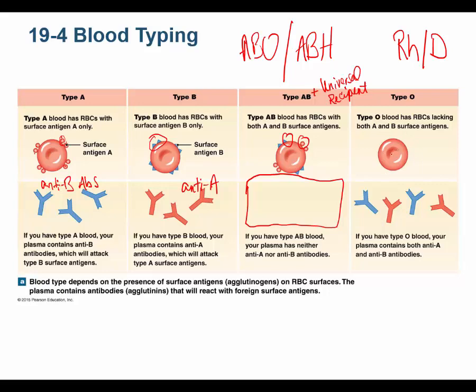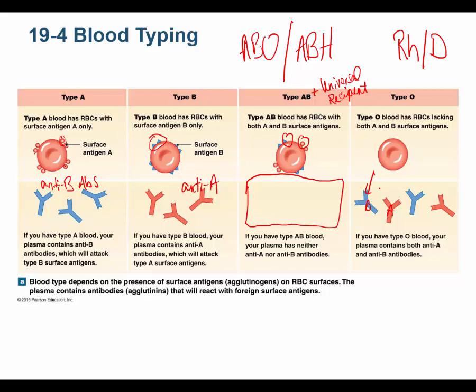We're not actually talking about Rh yet, but we will. Type O people make anti-B and anti-A, and they don't attack themselves because they don't have any antigens on their red blood cells. That means that type O people can only receive type O blood.